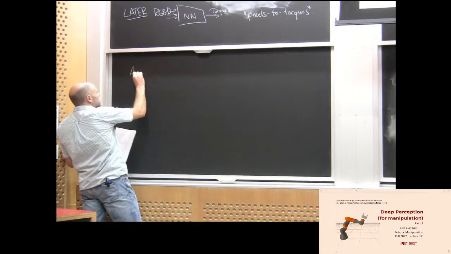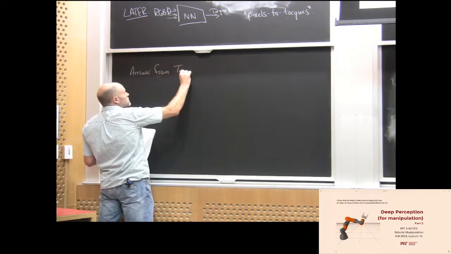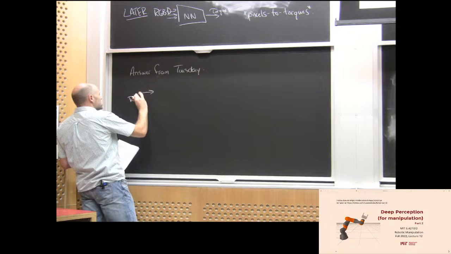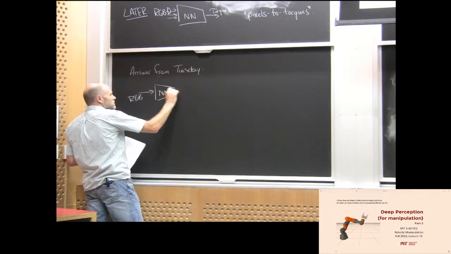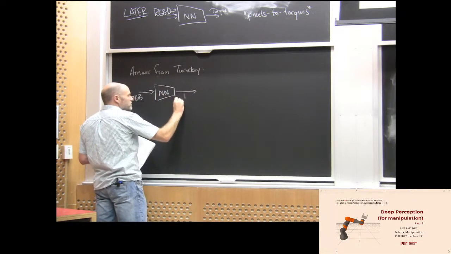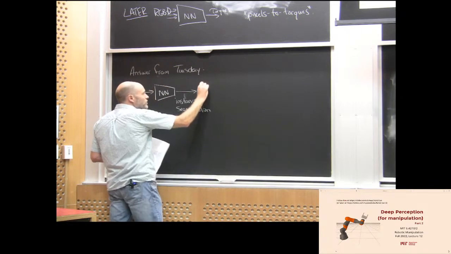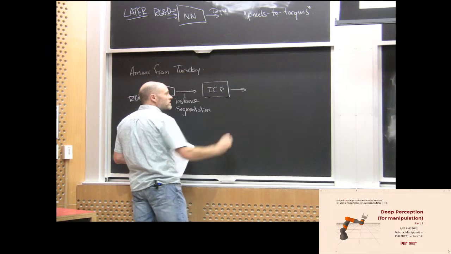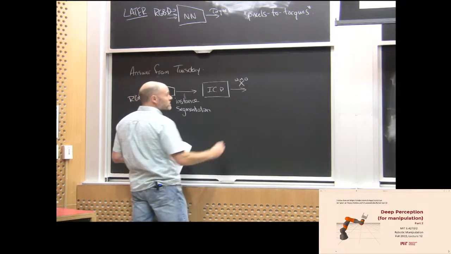So the answer I gave on Tuesday was we're going to take our RGB in, come out with our instance segmentation, and then go through one more step, maybe ICP for instance, and turn that into the estimated object poses, which I can then send to my planner.